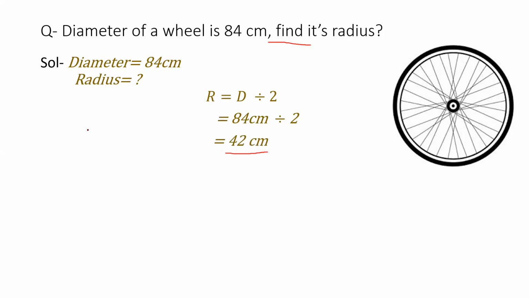If you are unable to divide big numbers by 2 verbally, then you can use the long division method that you have learned in class 3rd. That way also you can find the answer.